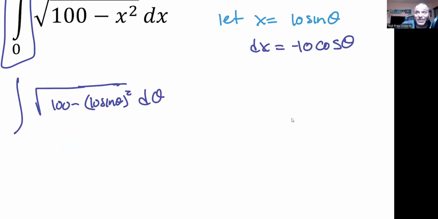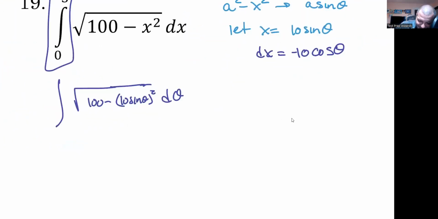So that's going to give us what? That was an awkward pause. So that's going to give us the square root of 100 minus 100 sine squared of theta times negative 10 cosine theta.